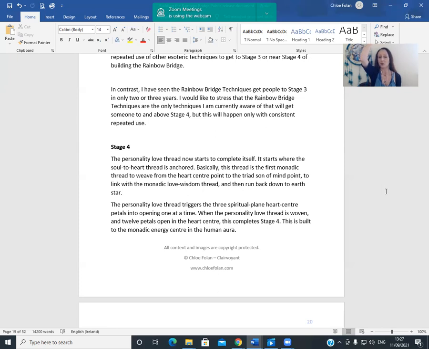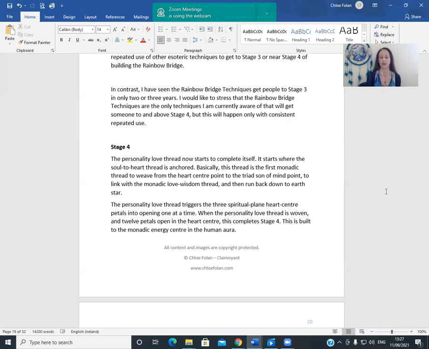That thread then starts to double back over itself, so it's linear. It comes back down the exact same way, continues down through the central channel, down through the heart, down through the lower portion of the central channel, and anchors into the earth star.